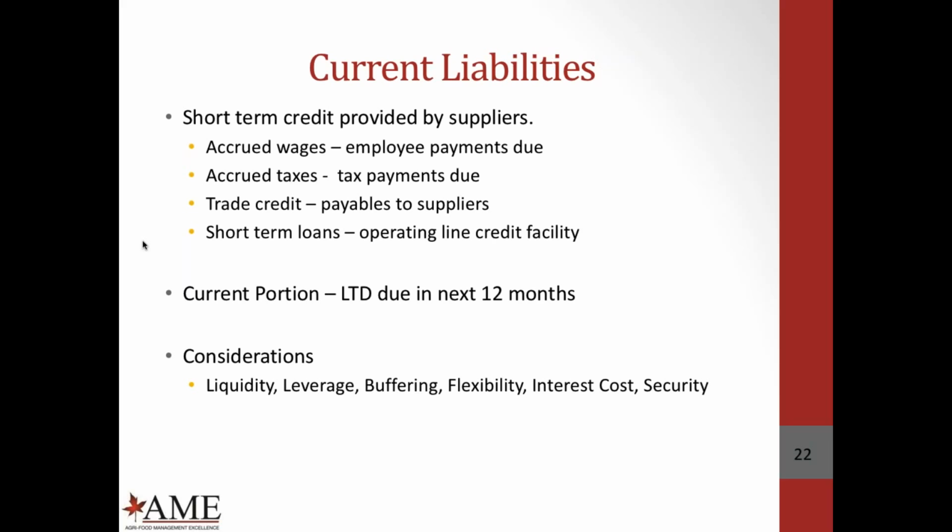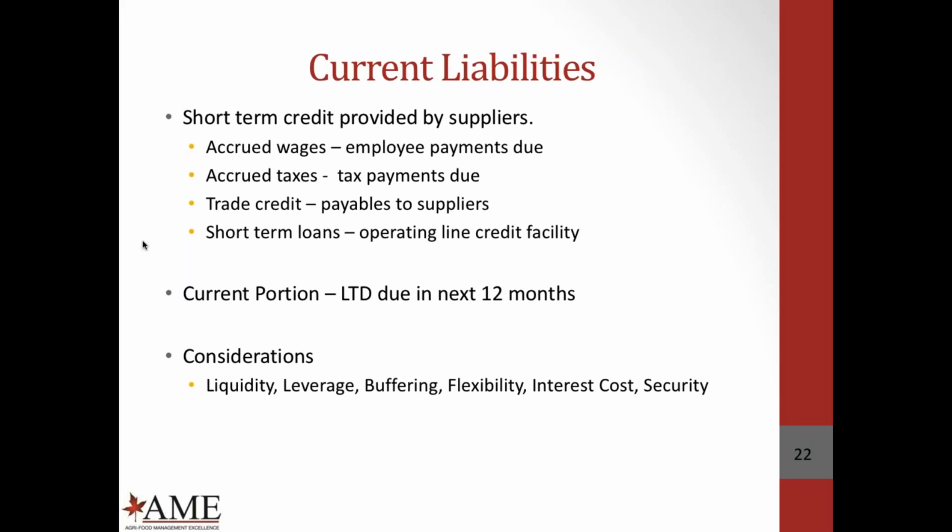Your trade credit, that's where you're payable to your suppliers and depending on what their timelines are. And your short-term loan, so that would be your operating line credit facility, which would hopefully be revolving. Your current portion of long-term debt, so that is taking a look at all your payments and identifying what principal on all those payments is due in the next 12 months.